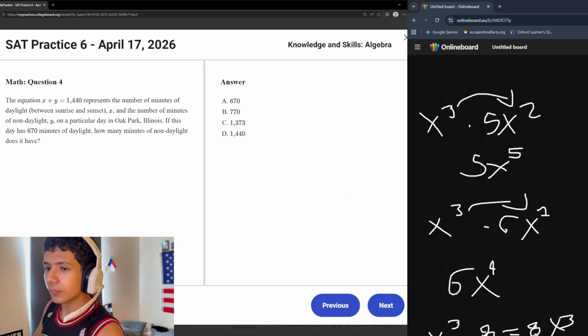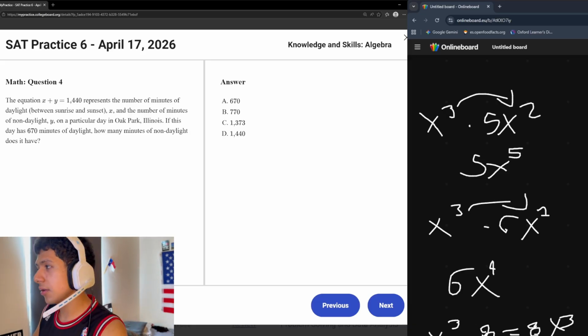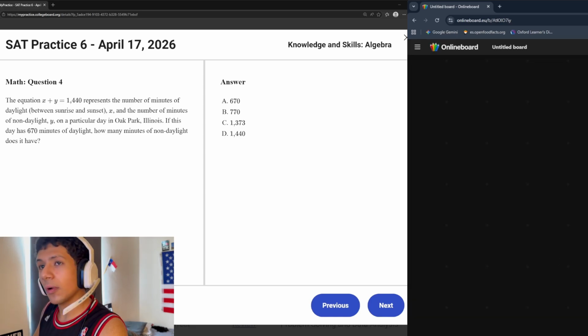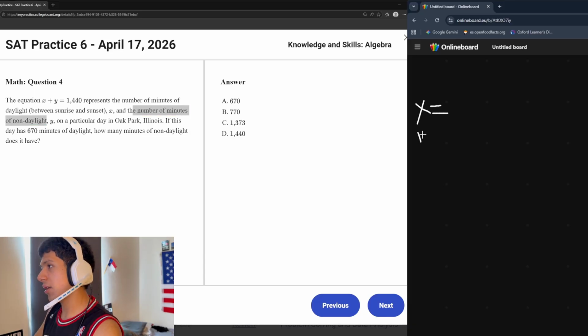Move on. The equation x plus y equals 1440 represents the number of minutes between sunrise and sunset. So x is the daylight minutes, and y is the number of minutes of non-daylight, and that is somewhere in Illinois.